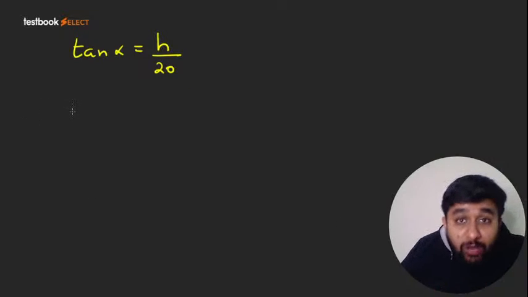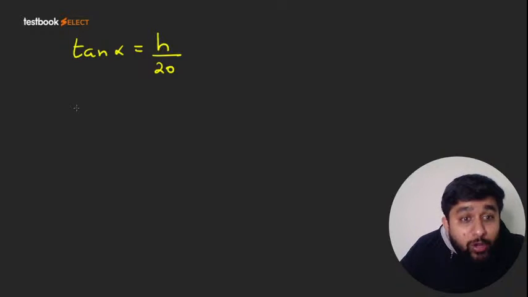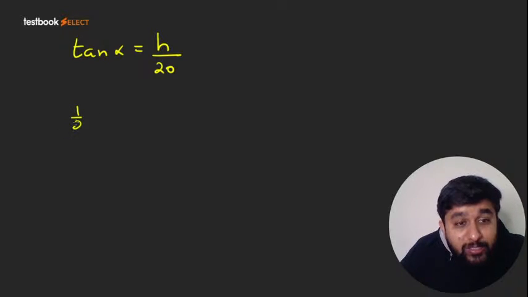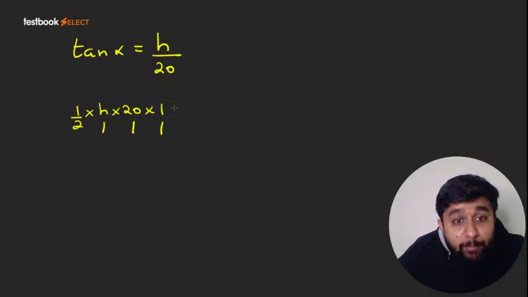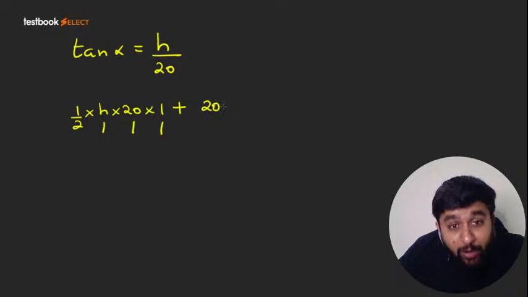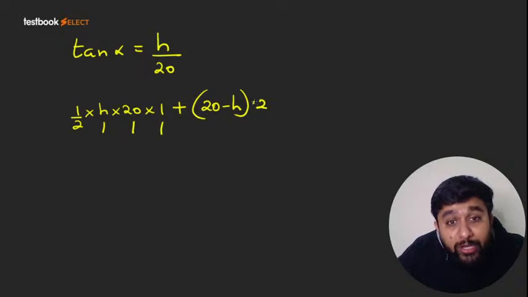So total volume of water in the final shape is the volume of triangular part, in centimeter square into meter, plus the volume of rectangular part, 20 minus h centimeter into 20 centimeter into 1 meter.